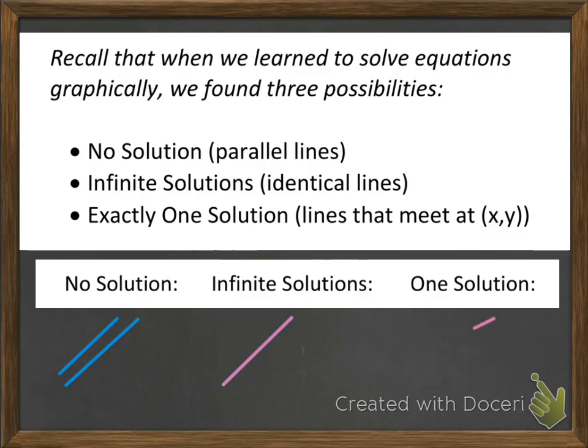The last case is where we have exactly one solution. So we have two lines, maybe looking something like that, that meet at exactly one point, and we can identify that ordered pair, so we can solve for x and y.